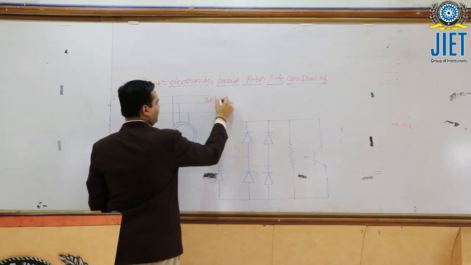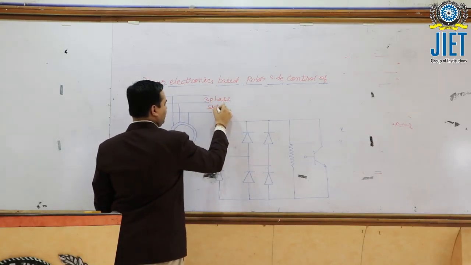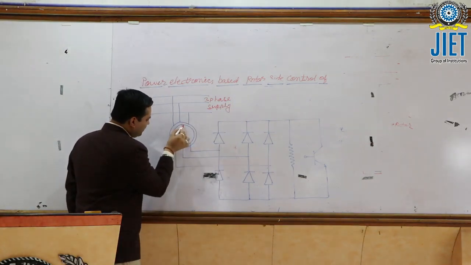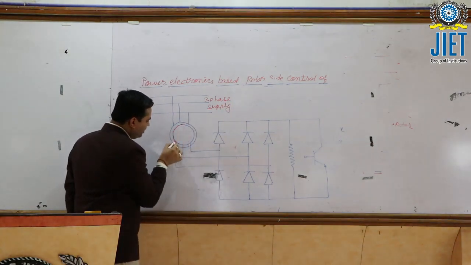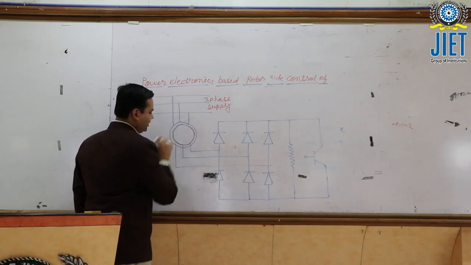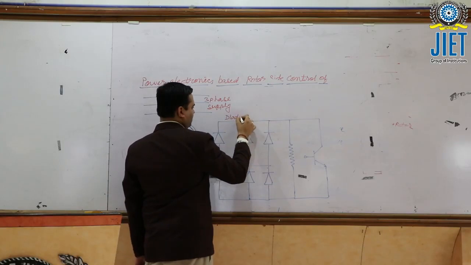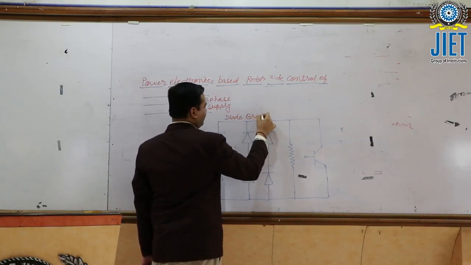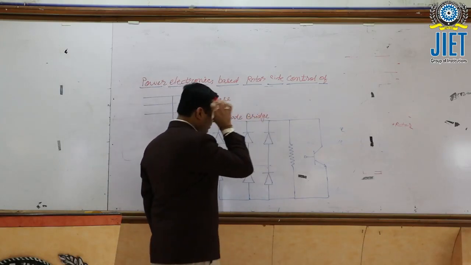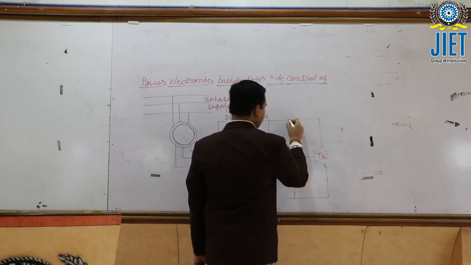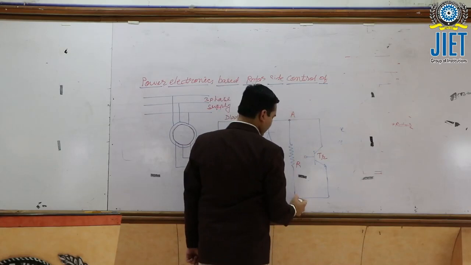The three-phase supply is given to the induction motor, and this inner ring represents the rotor side of the induction machine, which is fed to this diode bridge, which will act as a rectifier circuit. This is a transistor chopper, this is R, we denote it A, and this is B.